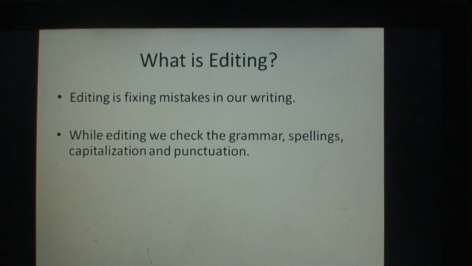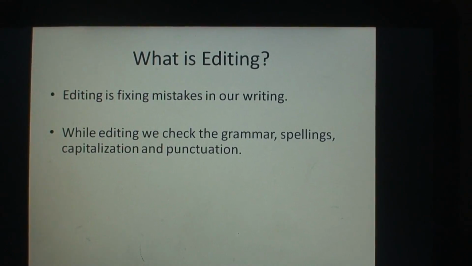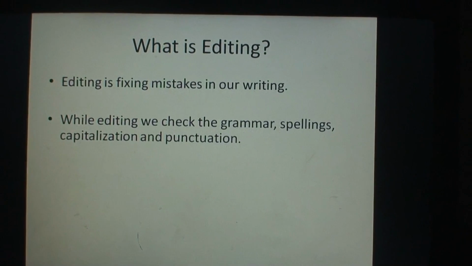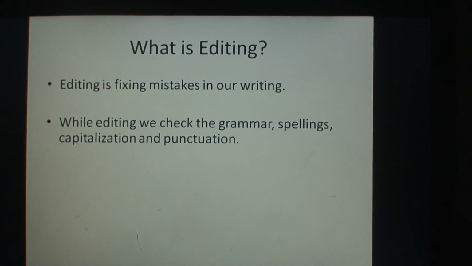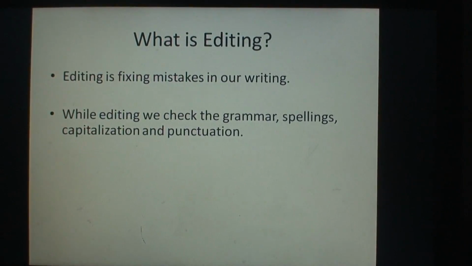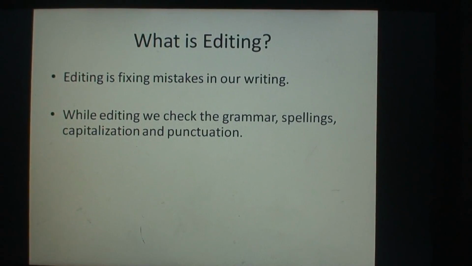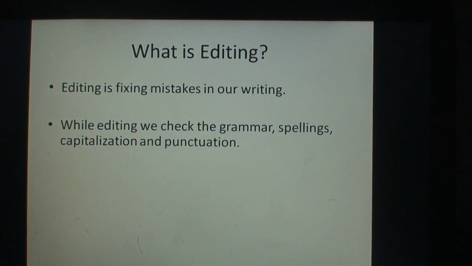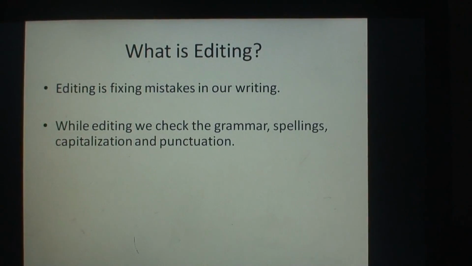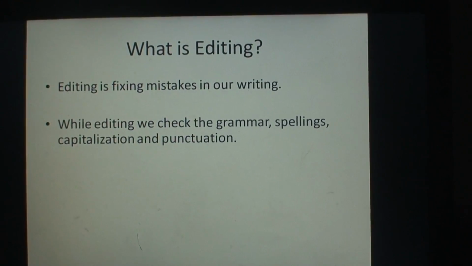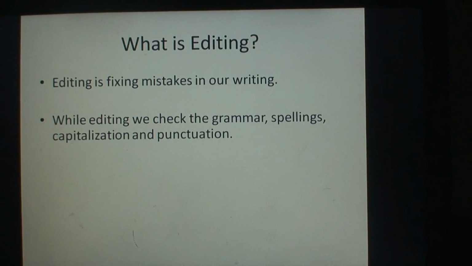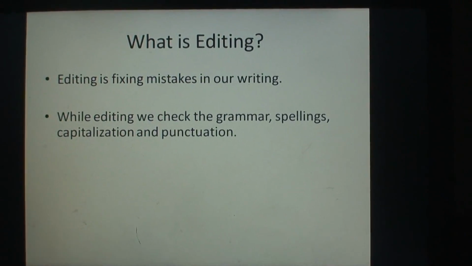How do we correct our mistakes? While editing, what do we check? While editing, we check the grammar, the spellings, the capitalization and punctuation of every sentence that you have written. Grammar: are the sentences that you have written correct, is the usage correct? Is it in the correct form of verb?